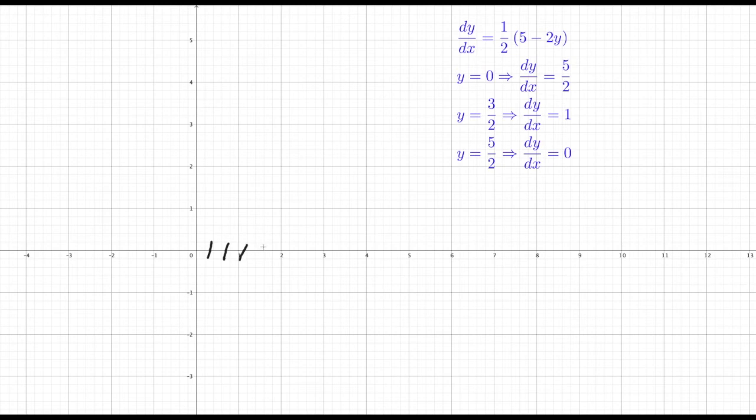A bit better. Whoops, these aren't meant to be all the same. They're roughly going up 5 over 2. When y is 3 over 2, the gradient is 1. So 3/2 is 1.5, and here we've got more like that.